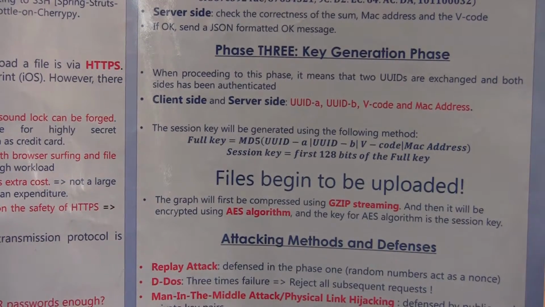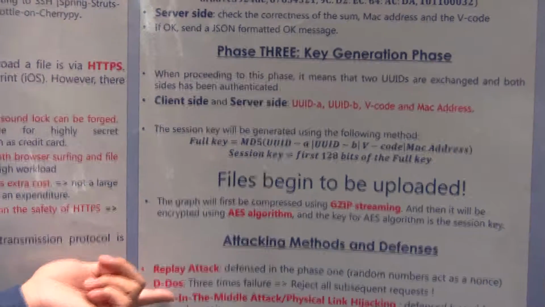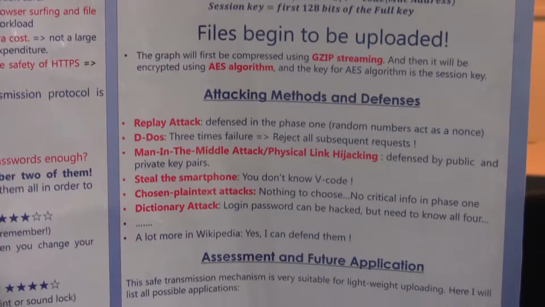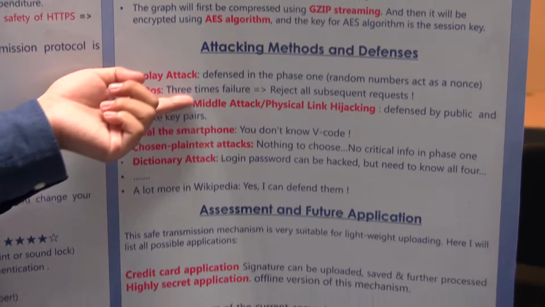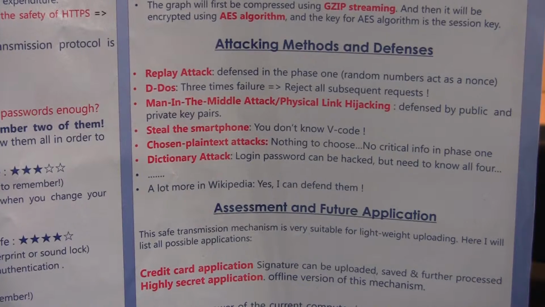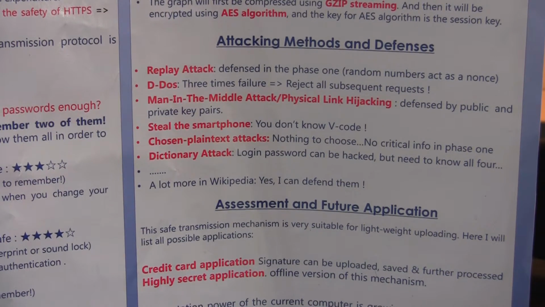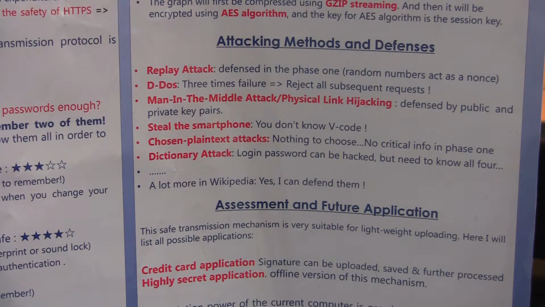For the DDoS attack, the server and the client will reject all subsequent requests if they detect 3 failures. Then the uploading module will be deactivated, and it can later be activated using the full password.